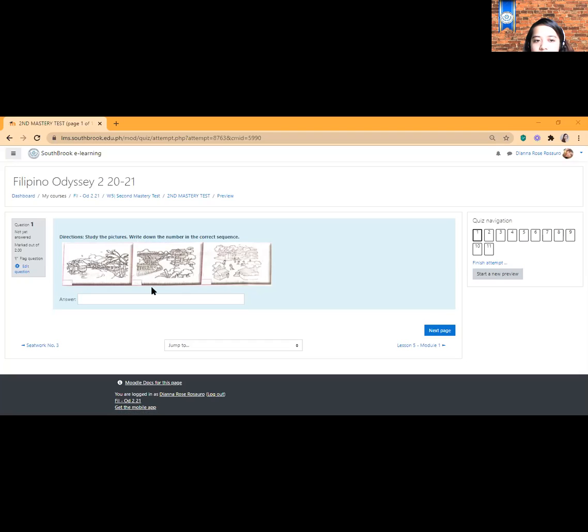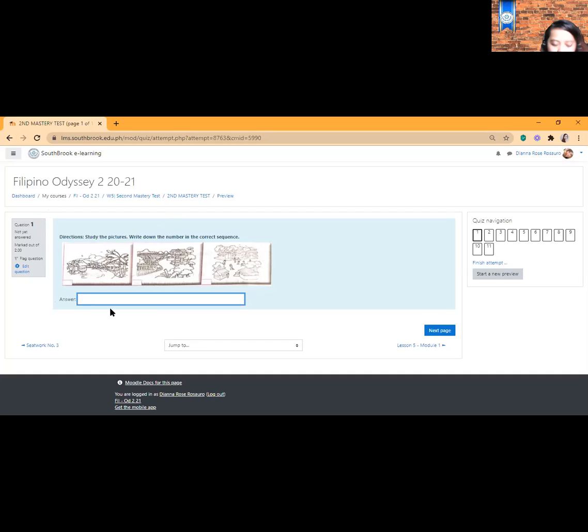Before, there was a lot of water in the area. In this one here, you just have to type in, ranking the pictures from 1 to 3. So 1 is the oldest and 3 is the newest.